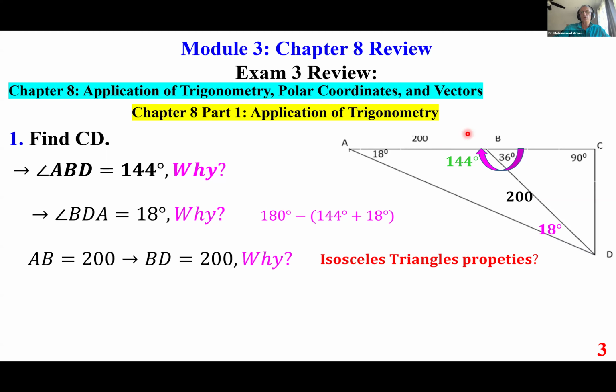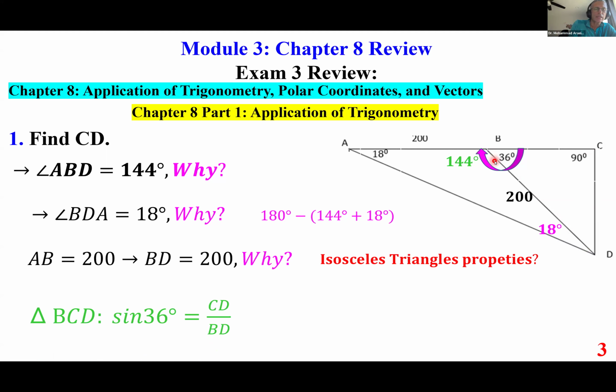And so if we look at this triangle, sine of 36 degrees is the opposite CD over the hypotenuse, 200.